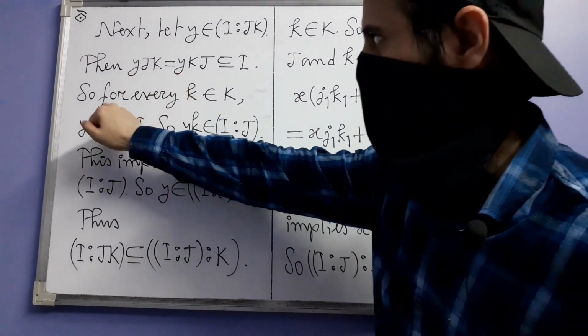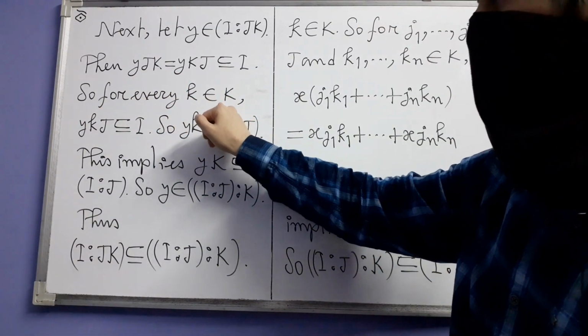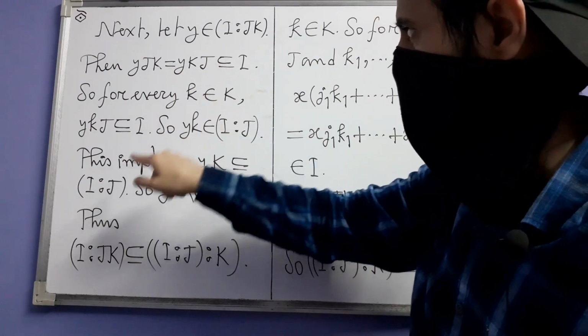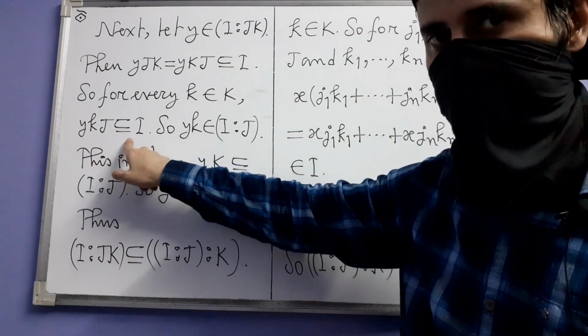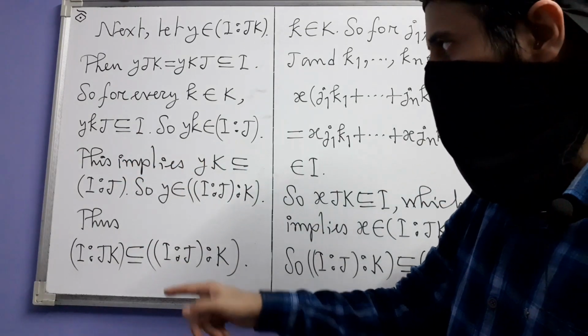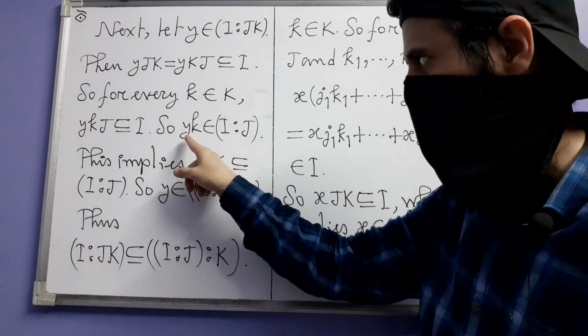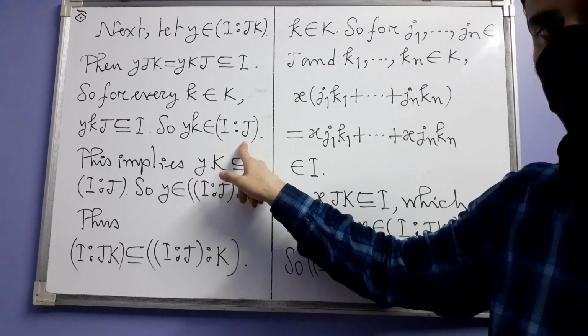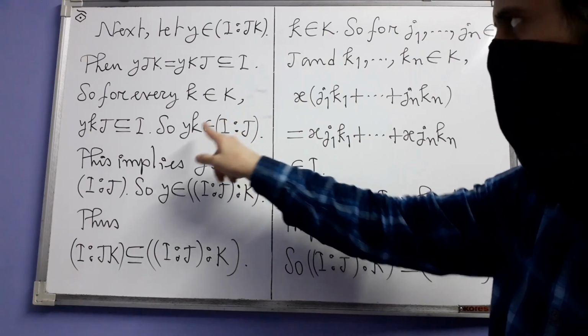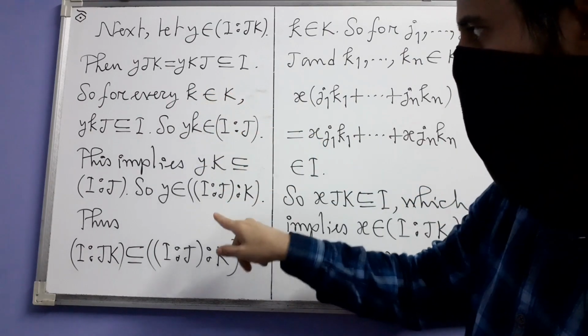And that is why for any element k in K, because of this containment, yk times the ideal J is contained in I. But then by the definition of ideal quotient, the element yk belongs to the ideal quotient I colon J. But this is happening for every k belonging to K.